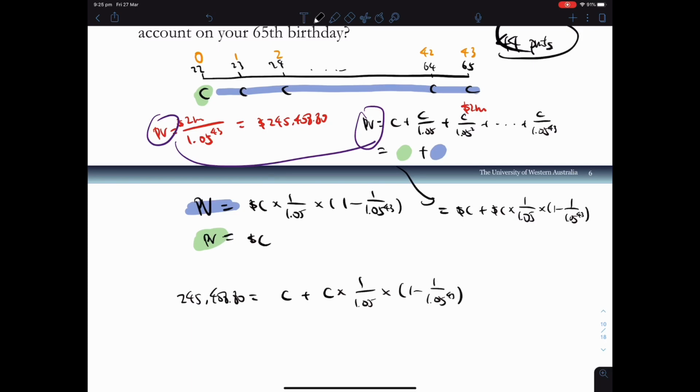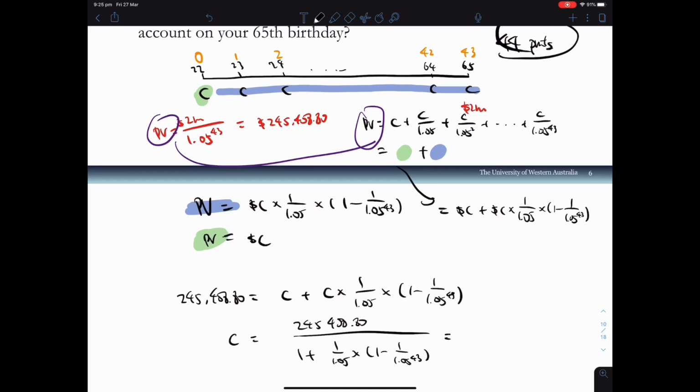And solve for C. So C becomes 245,408.80 divided by 1 plus 1.05 times 1 minus 1.05 to the power of 43. And you can just solve it.